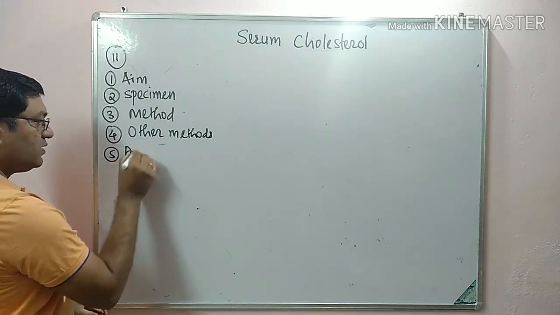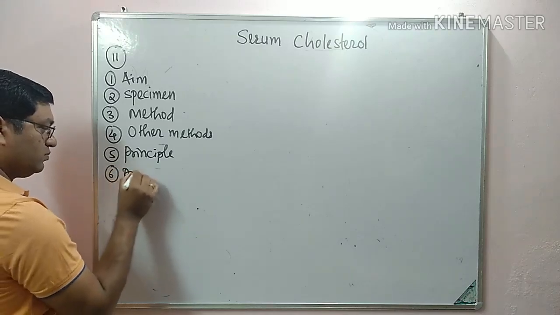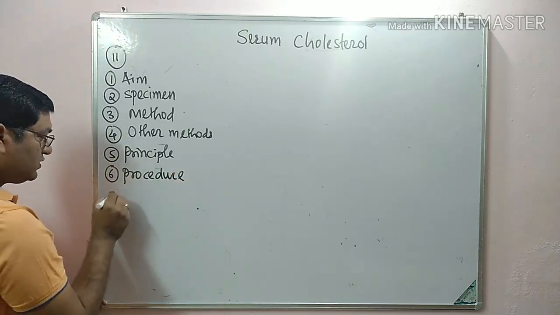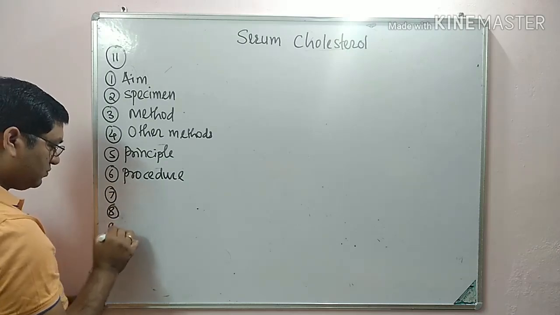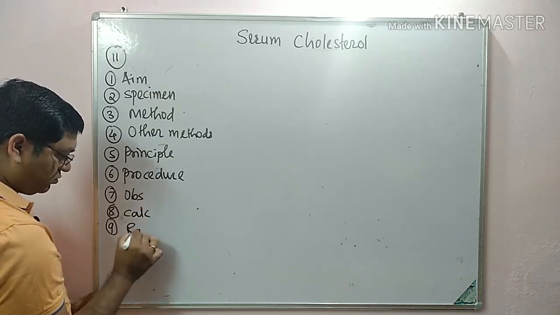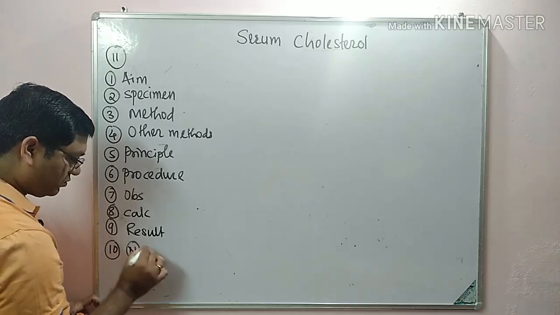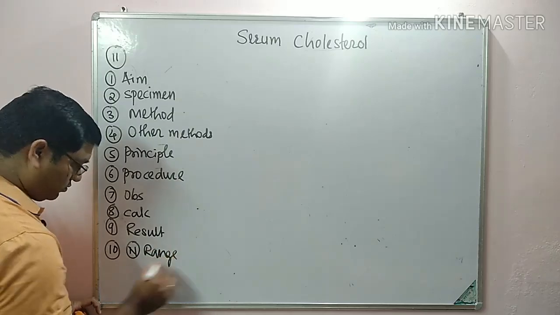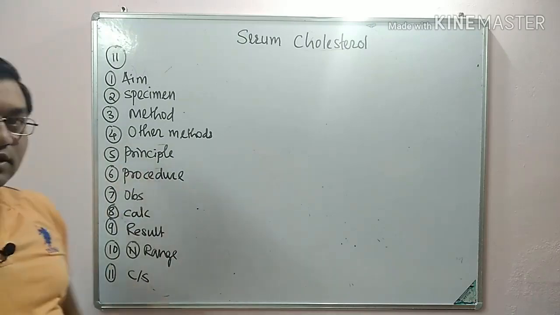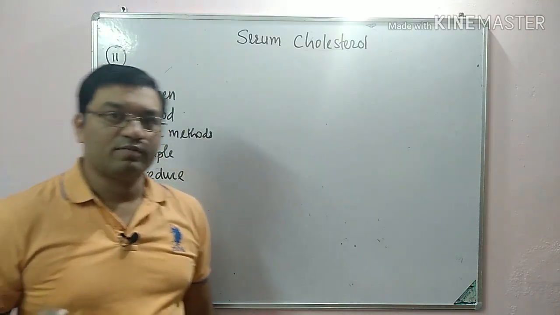Fifth one is the principle. Then procedure. Then observation, calculation, result. Normal range and clinical significance and interpretation. So these are the 11 common headings under which we will discuss each and every practical.